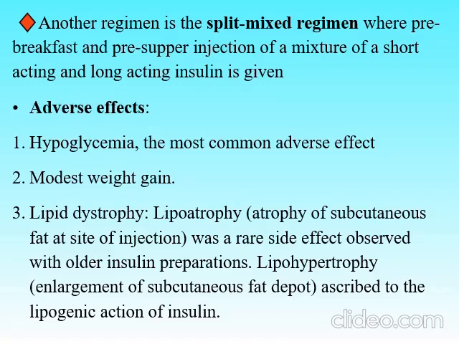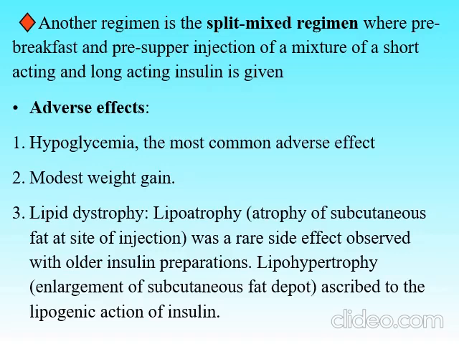Second, adverse actions. Lipodystrophy and lipoatrophy, atrophy of subcutaneous fat at the site of injection, was a rare side effect observed with older insulin preparations, and is now less common because there is no immunogenic effect.